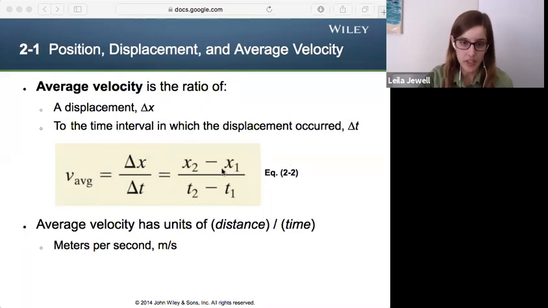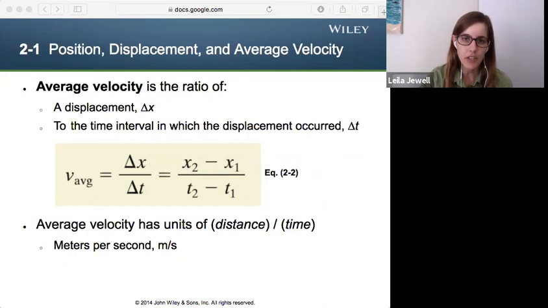So distance is in the top with the displacement. Our SI unit for distance is meters. And then in the denominator, we have time. And our SI unit for time, as we saw in the previous chapter, is seconds. So our overall unit for velocity, average as well as instantaneous, is meters per second. Meters divided by seconds. So that's a good thing to pay attention to the units on.